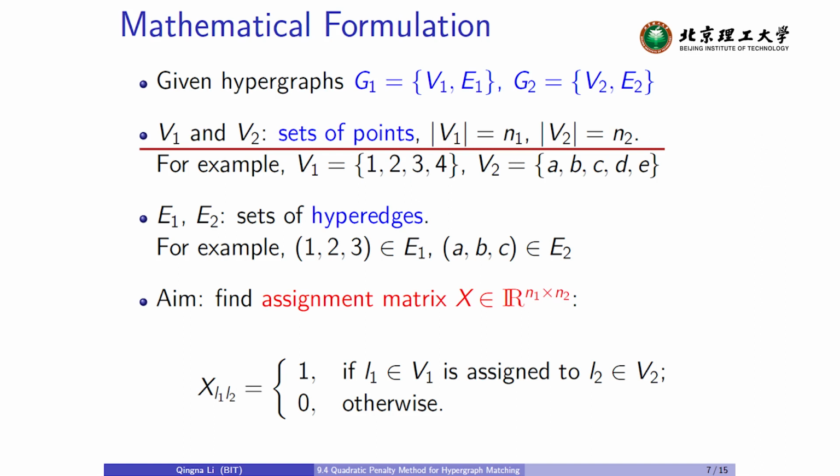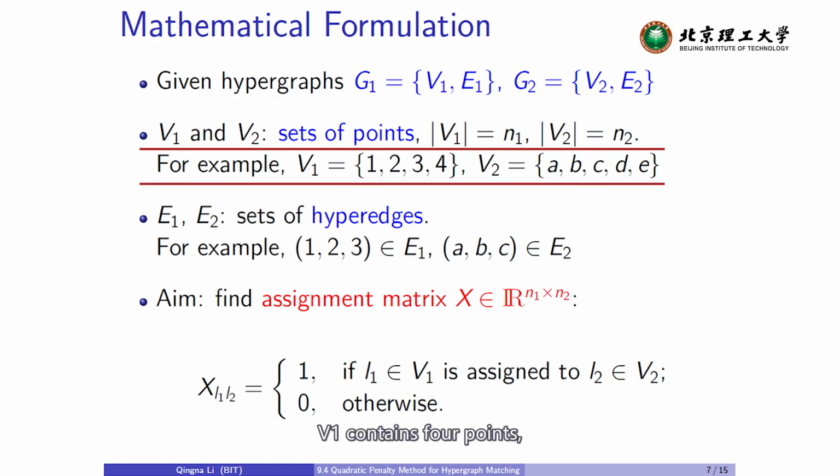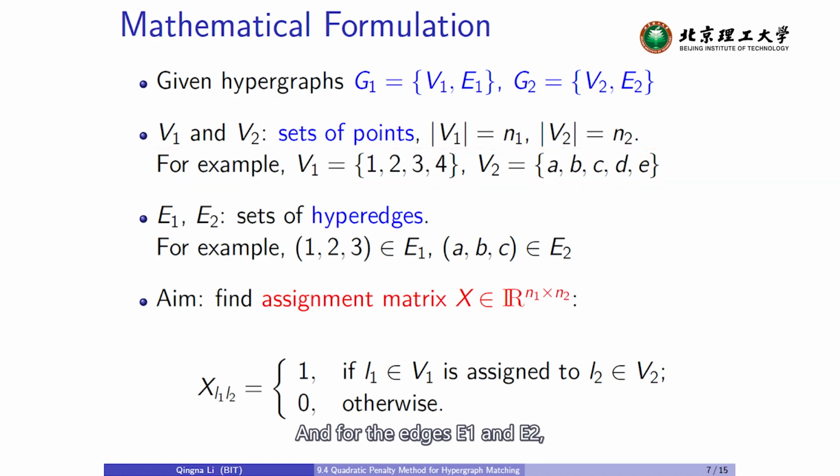For example, V1 contains 4 points, and V2 contains 5 points. We try to match the points between the two sets. And the edges E1 and E2 are sets of hyperedges.